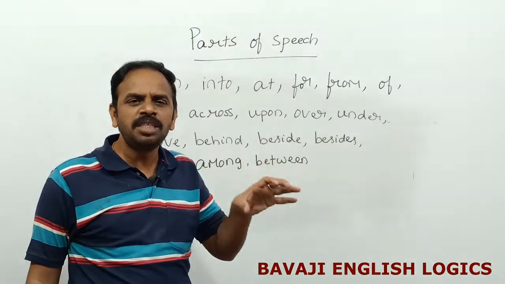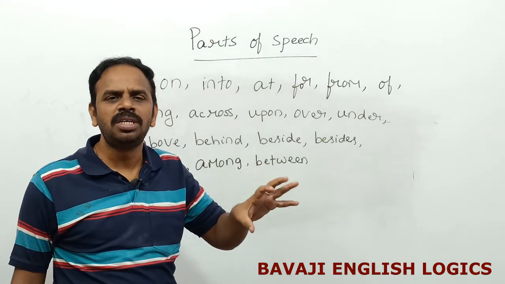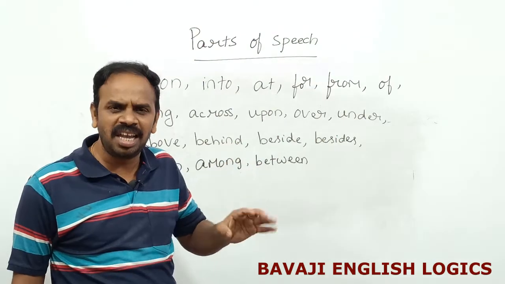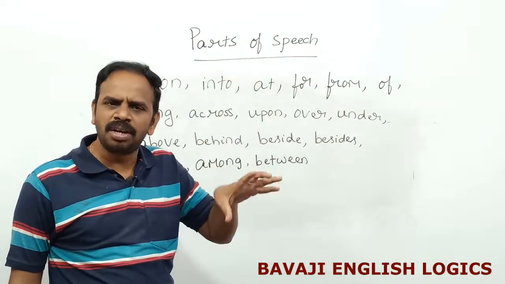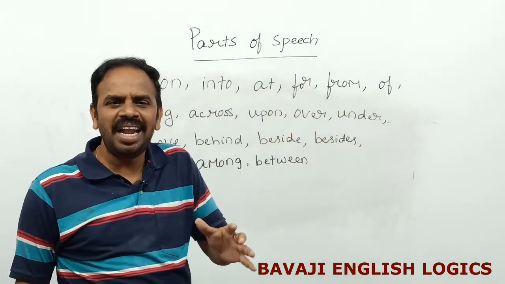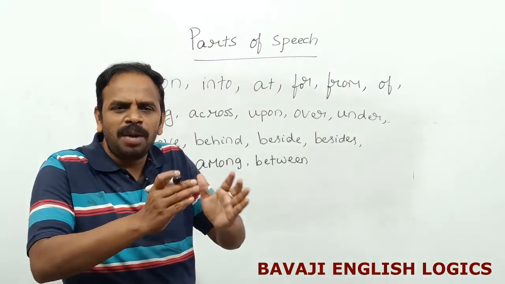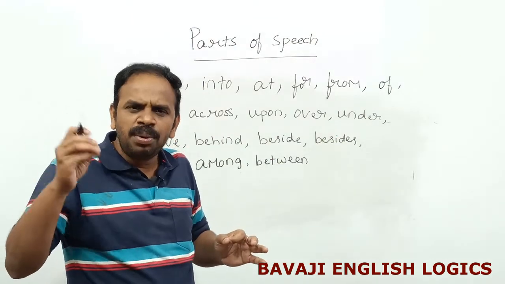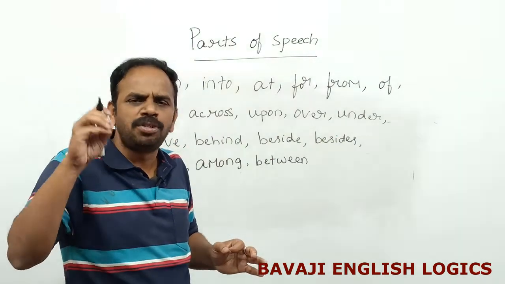So how can these prepositions be used for different purposes in different contexts? Let us see a few examples, because preposition is a vast chapter and it needs a lot of time to be elaborately explained, and I will do a separate video for prepositions.